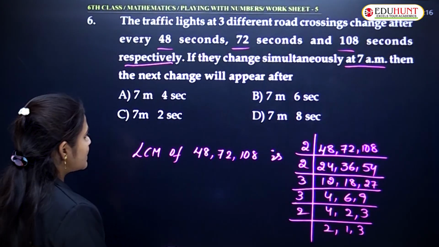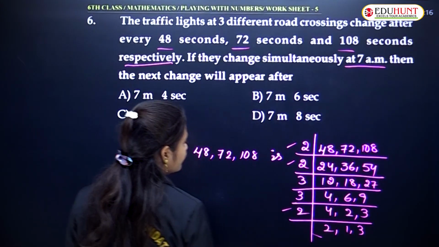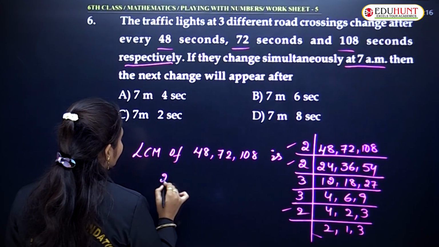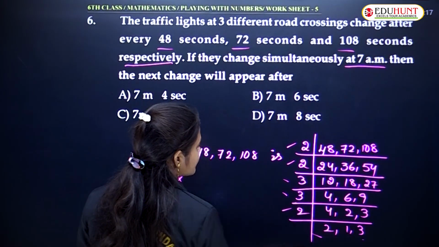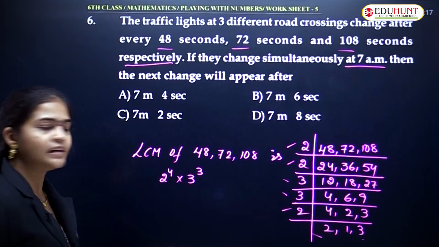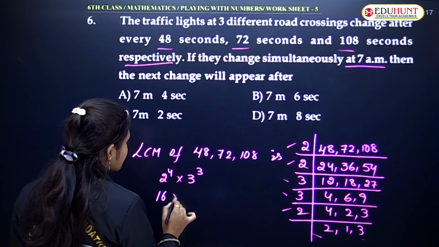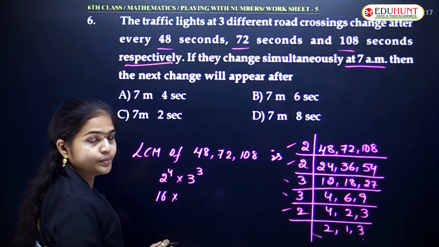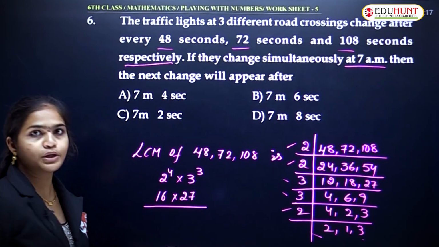Understood? So what is the LCM here? How many times is 2 given, ma? 1, 2, 3, 4. So 2 power 4 into, next, how many times is 3 there? 3 times. 3 cube. Am I clear? Yes. So 2 power 4, which is 16, into 3 cube, which is 27.